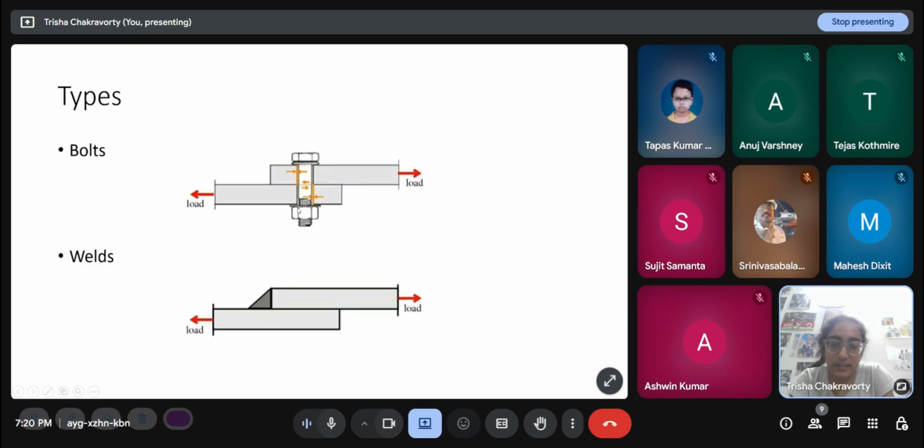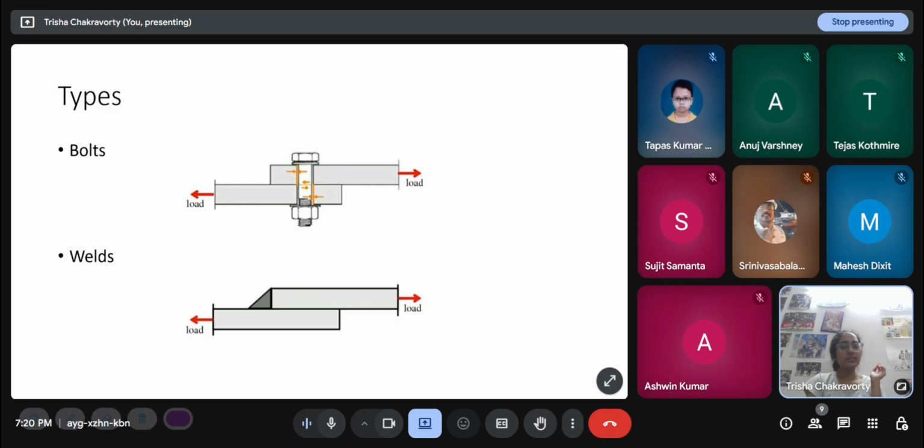And this is the nut. The nut is tightened around the shank. The more it is tightened, the bolt itself undergoes a kind of compression, and it creates a clamping kind of load between the two plates.